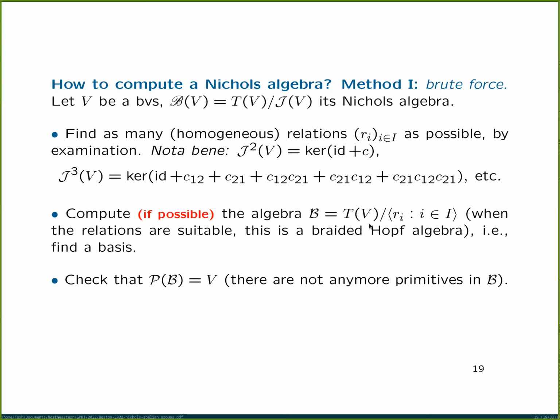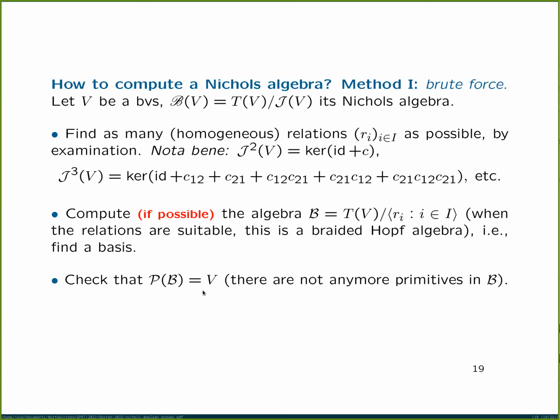If these relations are suitable enough, then this B will be a graded Hopf algebra. Then try to describe and compute this algebra, and try to check that all primitive elements are in V, saying that there are no more primitives in B except those from V. This is tricky, because the quadratic relations are easy to compute using the quantum symmetrizer, because it is the kernel of the identity plus c.